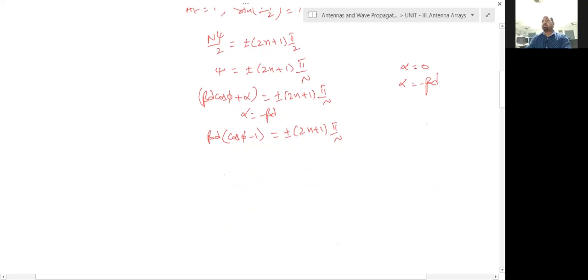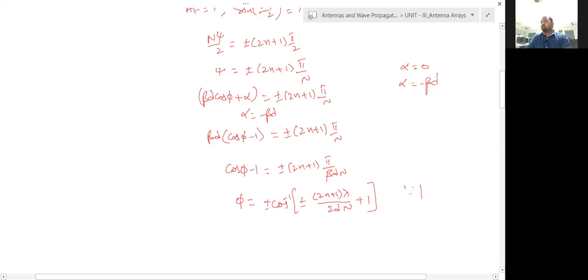Simplifying, cos phi minus 1 is equal to plus or minus 2n plus 1 pi by beta d n.